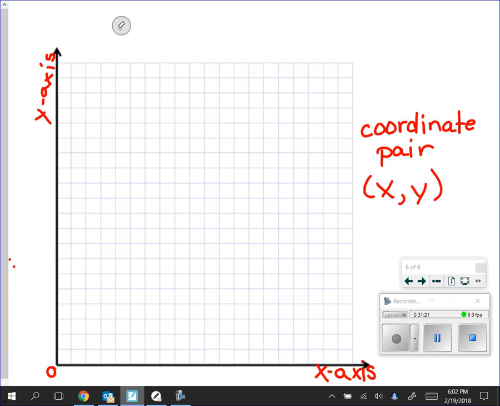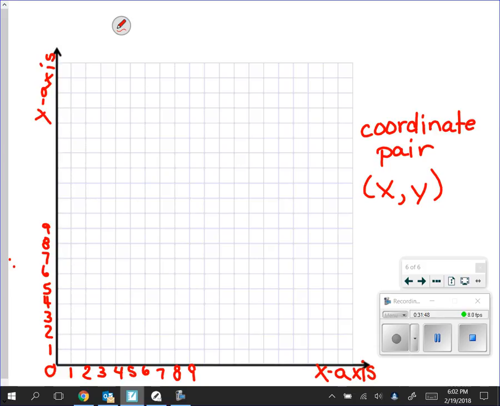Across the bottom, you might need to label your lines with a 1, 2, 3, 4. You would need to label these little spots here, like so, and then label your y-axis also. Sometimes we'll even label them with fractions.